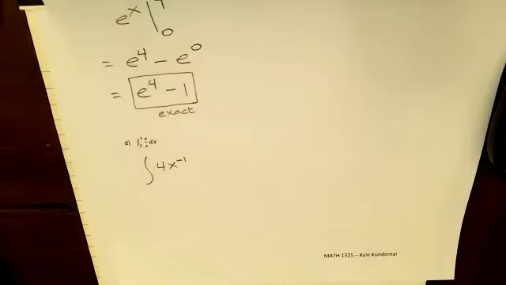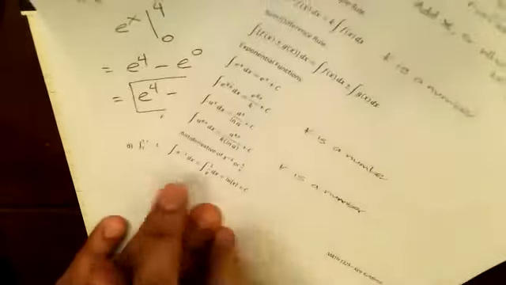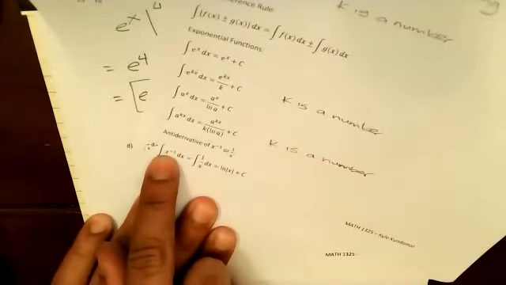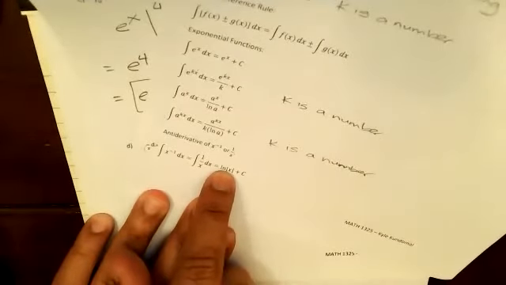If you remember, x to the power negative 1 is a special case, or there is a rule for that one. The rule is that the antiderivative of x to the power negative 1 is ln of x.